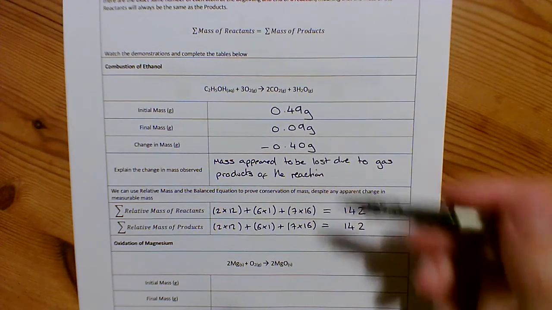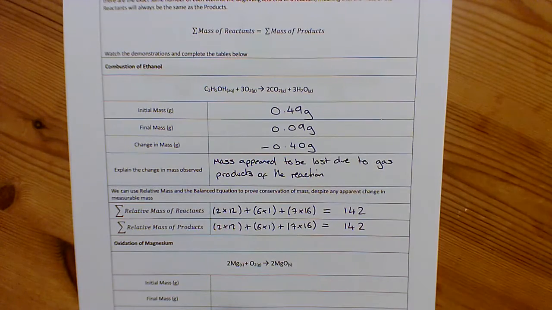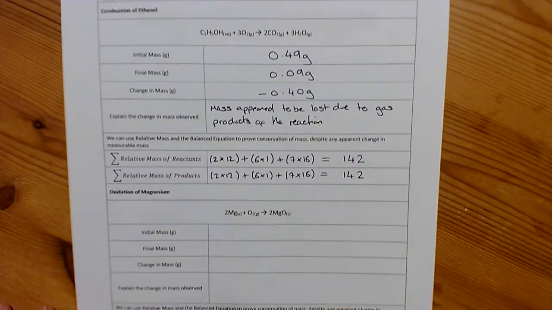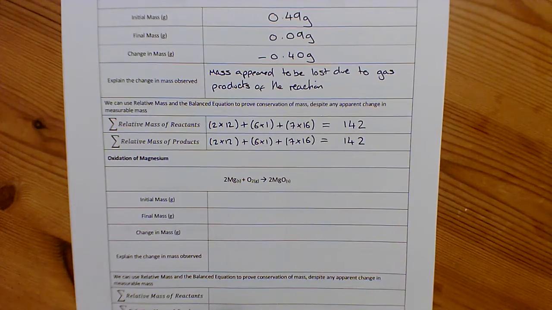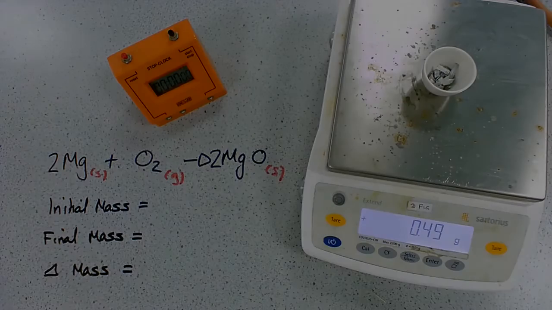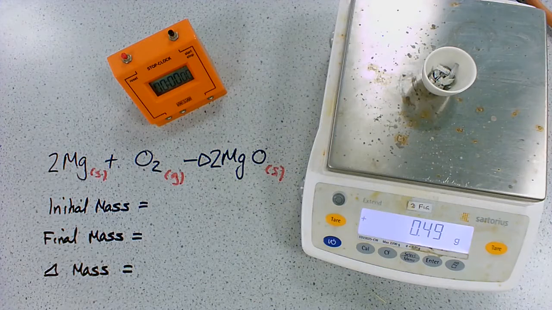So even though the reaction appeared to lose mass, we can prove that mass was conserved by looking at the relative mass. Now the second reaction we're going to look at is the oxidation of magnesium.